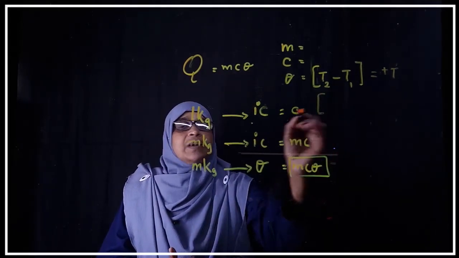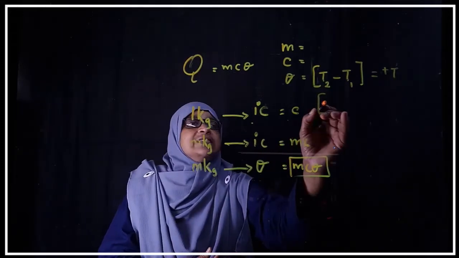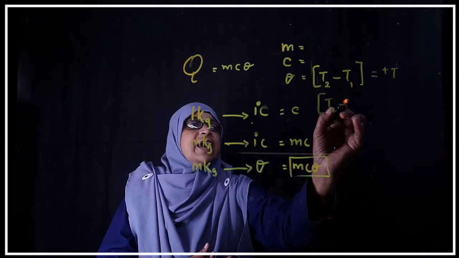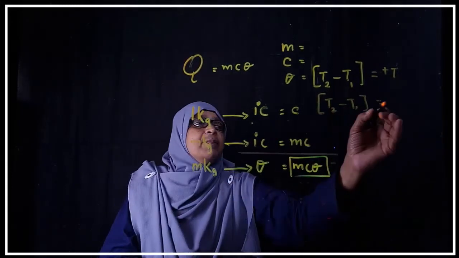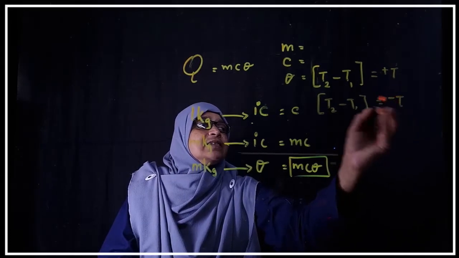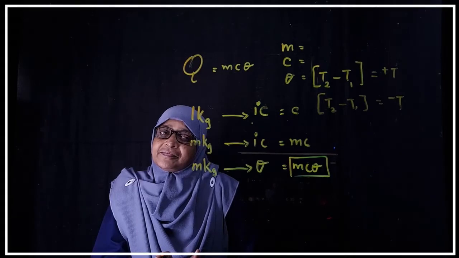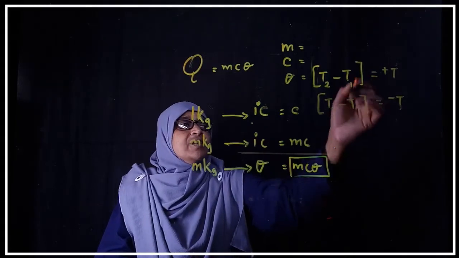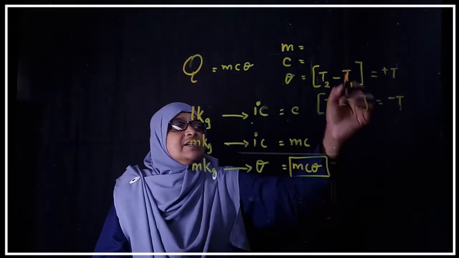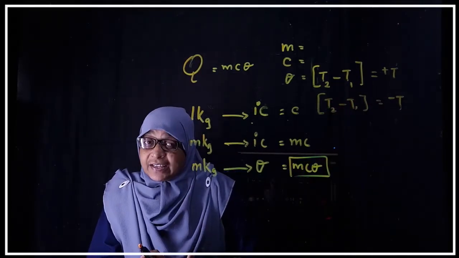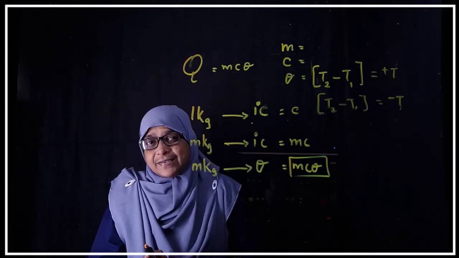Sometimes, if the object releases the energy, this T2 is lesser than T1. Then we obtain a negative temperature change. So, according to this, we can understand whether the energy is absorbed or released.